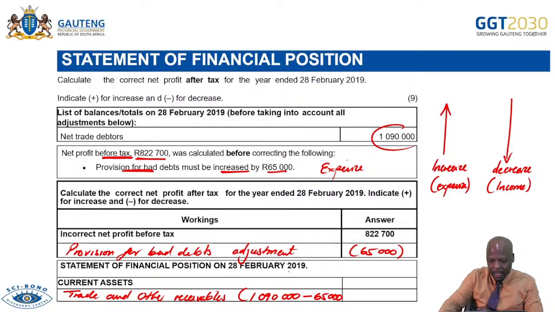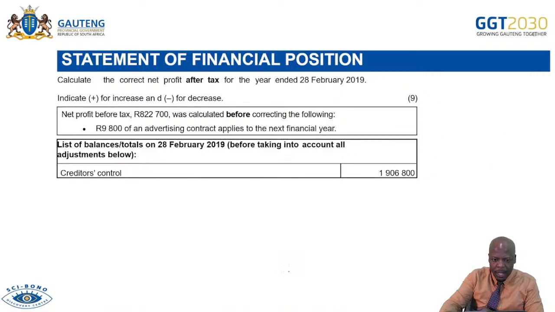Let's go on to the next aspect. The next one says here, 9,800 of an advertising contract applies to the next financial year. All right. I think we did do something like this, whereby we have an expense that has been paid in advance.